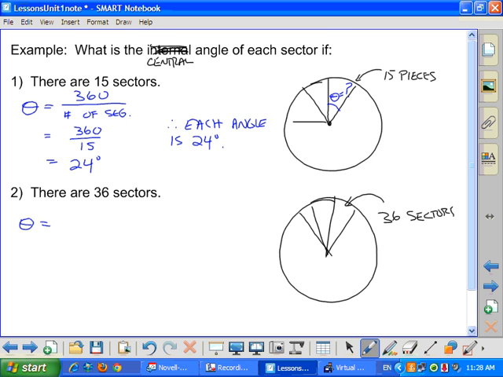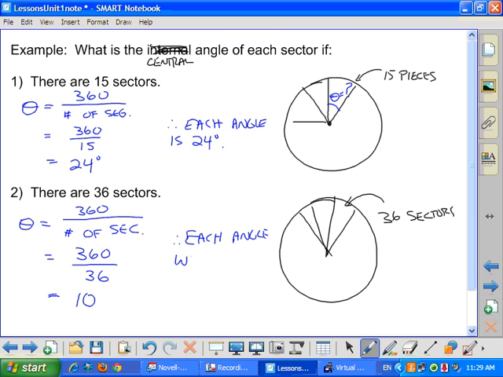But to figure out what the angle for each sector would be, 360 divided by 36, and you'd end up with 10. So therefore, each angle will be 10 degrees. And that's it.